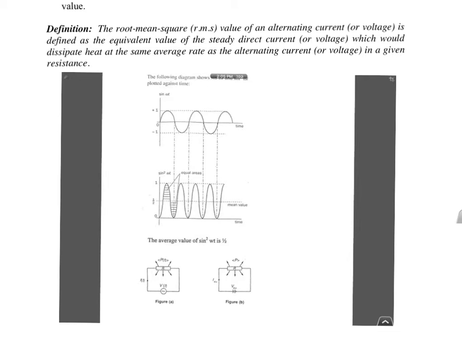For example, let's say our house, we are always using AC, right? We are using 240 volts AC. And because they use 240 volts, it must refer to RMS, because the standard way of labeling an AC, if you are using just a single voltage, it automatically means the RMS voltage. This is used worldwide.